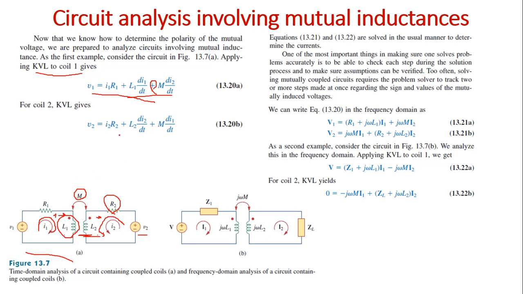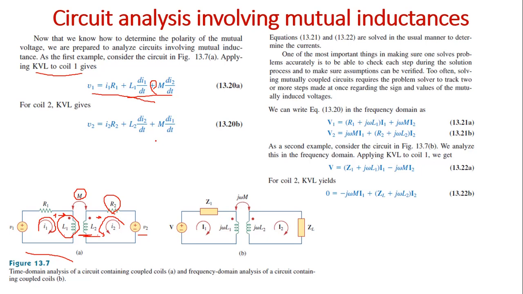So V2 is equal to I2 R2 plus L2 di2 by dt, the self-inductance term, plus M di1 by dt, the mutual inductance due to coil 1. These are the two equations.